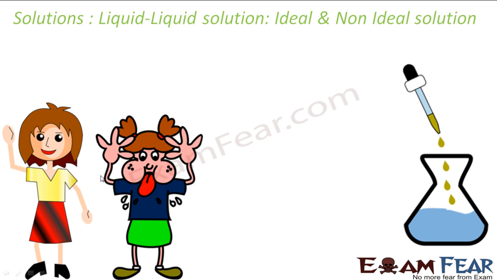Now let's talk about ideal and non-ideal solutions. Please do not get confused with ideal or non-ideal gas. I'm talking about ideal and non-ideal solutions. The definition is very simple.